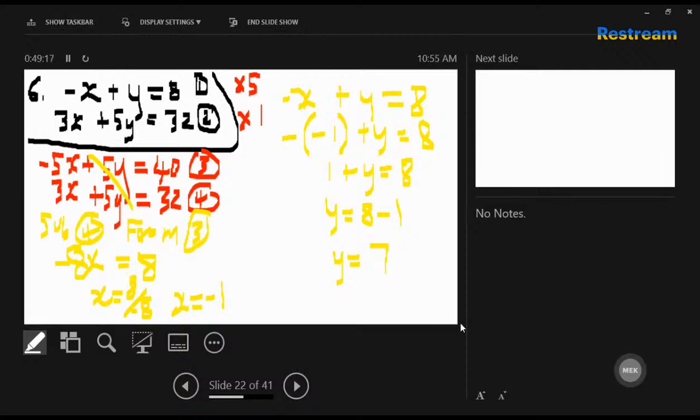Anytime you're solving a pair of simultaneous equations, or even if you're just solving one equation, whether it's a linear equation, a quadratic equation, or any other type, when you get your solution or solutions, plug them back into the original equation and check if it adds up.